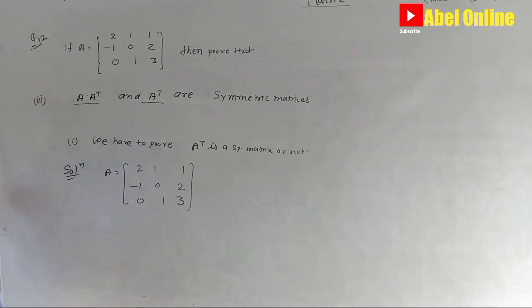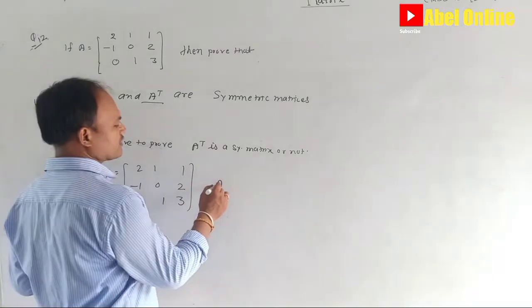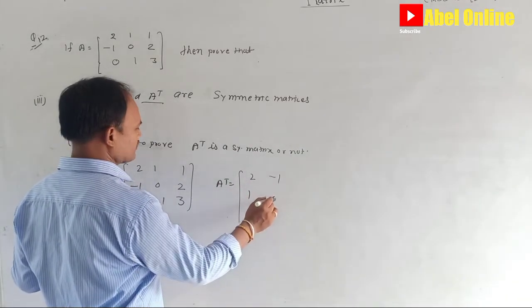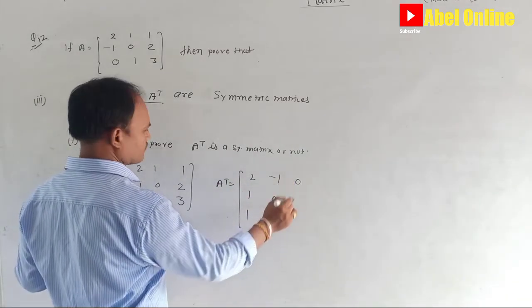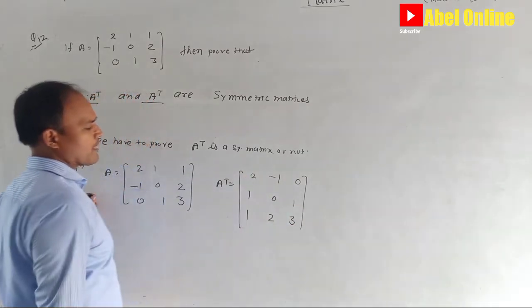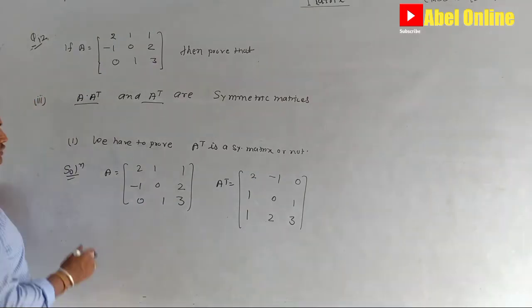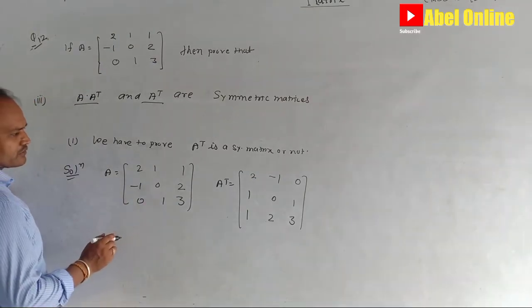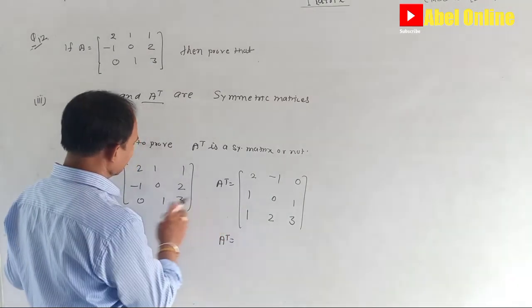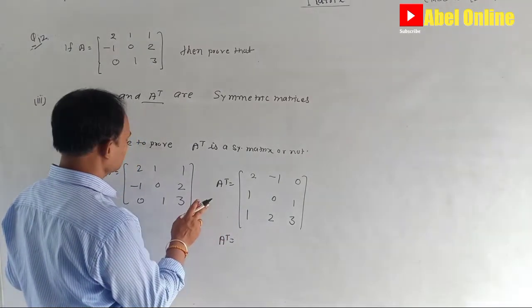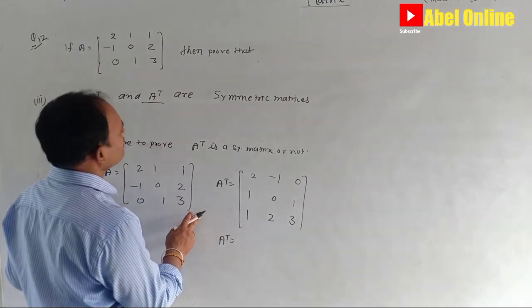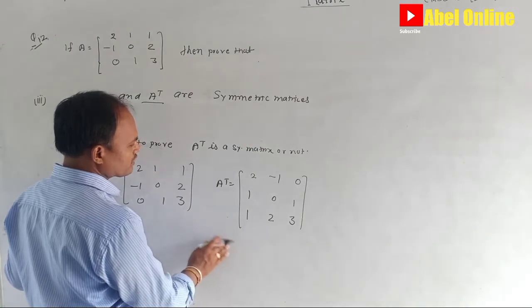It is A. What about A transpose? A transpose is 2 1 1, minus 1 0 2, 0 1 3. So it is A and it is A transpose.